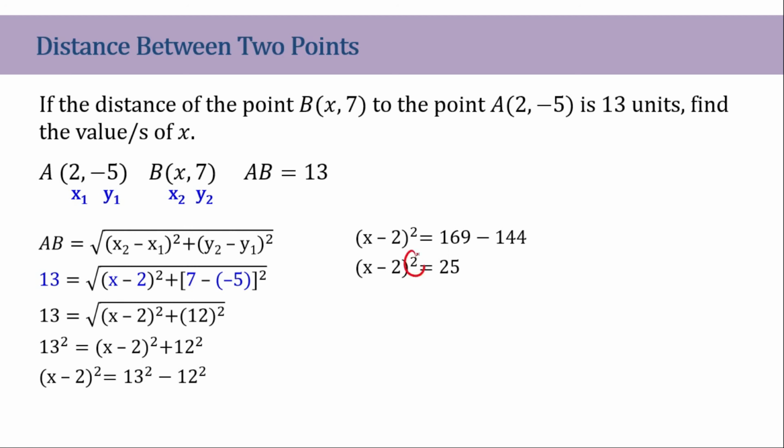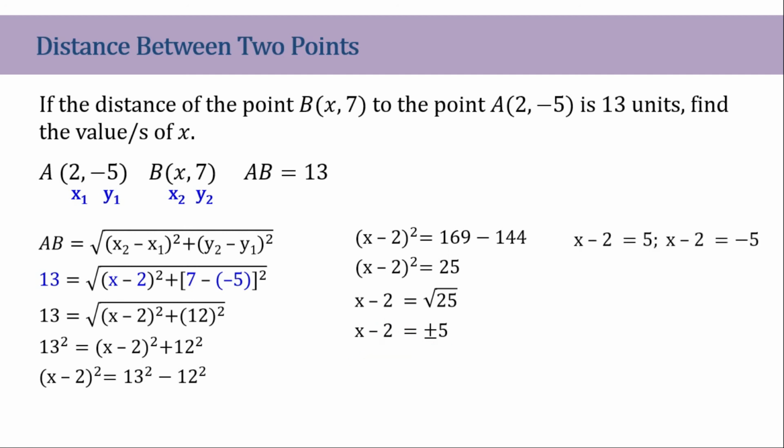As you can see, we still have this squared. To eliminate this, let's get the square root of both sides. So we have x minus 2 is equivalent to the square root of 25. Now remember this, the square root of 25 has two values, positive and negative 5. Let's add 2 on both sides to eliminate this 2. Cancel this one.